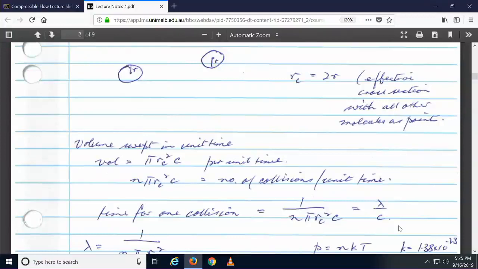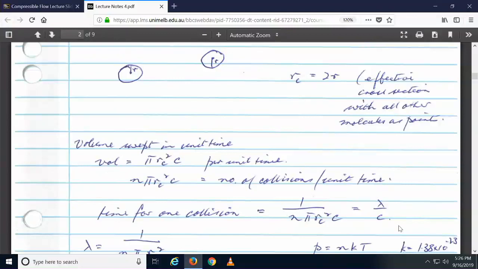It'll be 1 divided by that number. So the time for one collision then is 1 divided by n pi R c squared c, and that is going to be the mean free path, which is the distance a molecule on average travels for one collision. That distance divided by the velocity that the particle has will be a time for one collision.